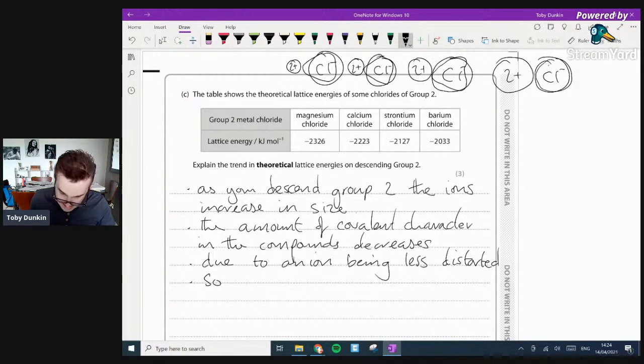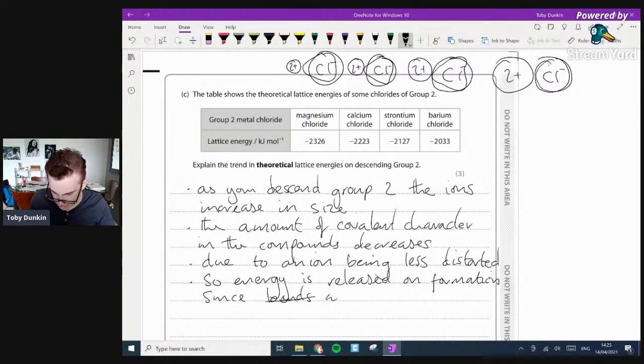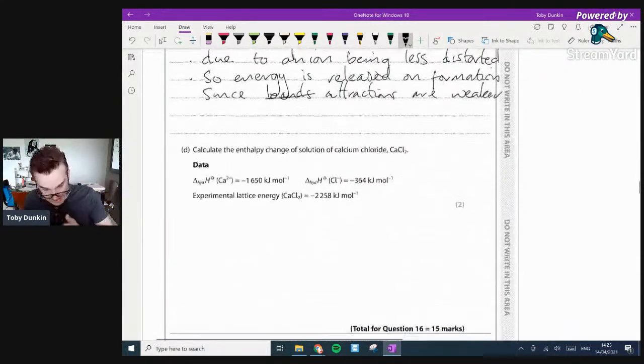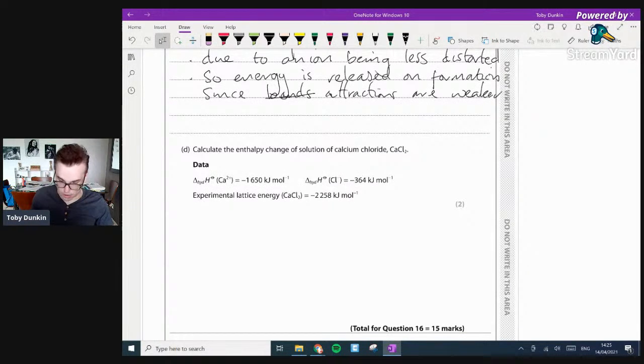So less energy is released on formation, since the bonds or attractions are weaker. Done.